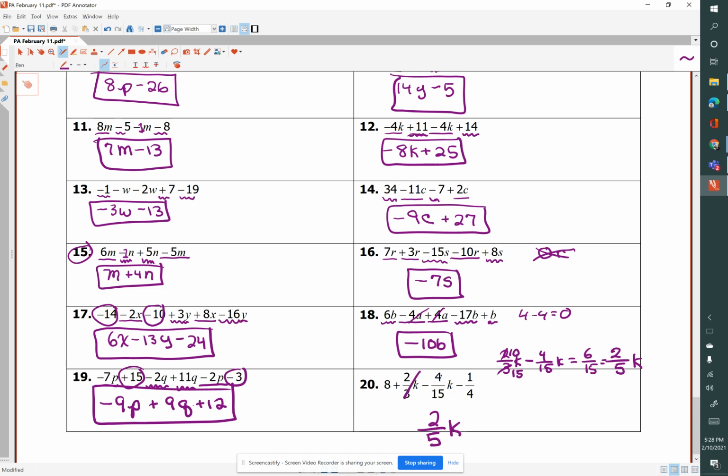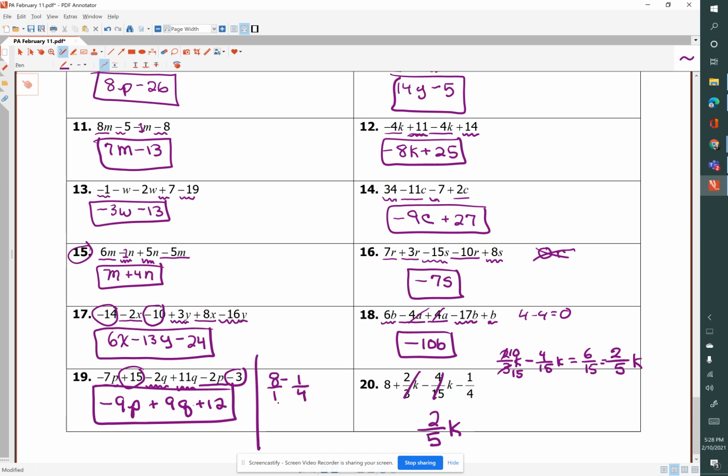Okay, that took care of the k's. Now we have 8 minus 1/4, and we're going to have to convert this to fourths.